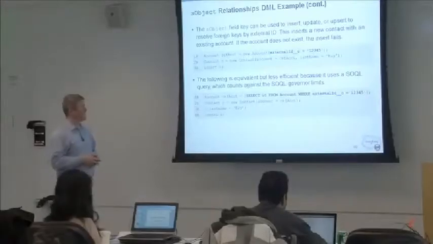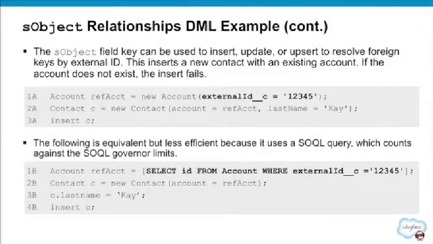For instance, let's say we have an SAP system, which is our ERP system. If we have our accounts being kept within that ERP system, we can take those IDs from that system, load them into Salesforce, and use those to identify those records within our database. In this case, our custom field is called external ID, and it's on the account object.